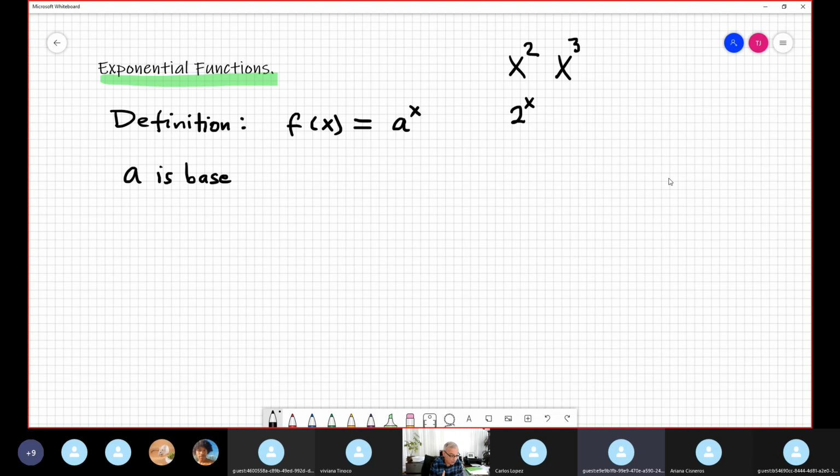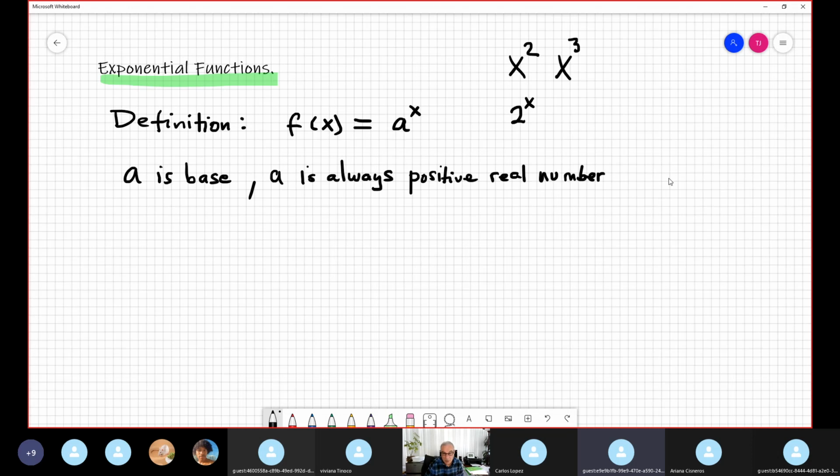And a number, be careful, is in general a real number. a is always a positive real number.